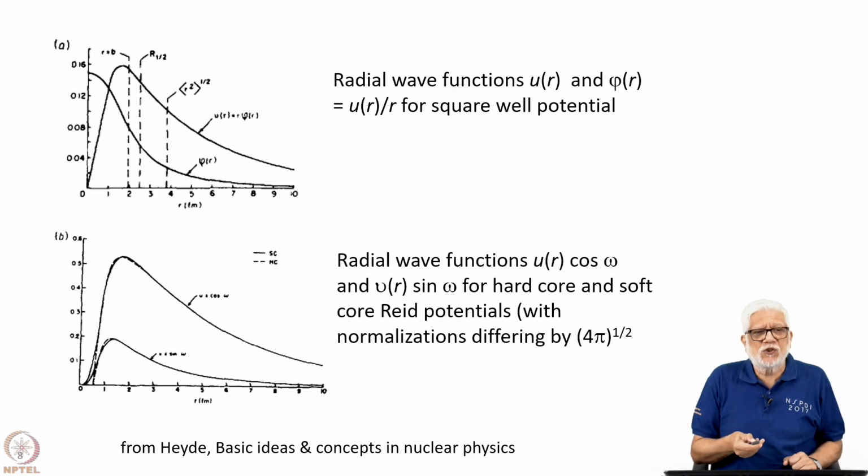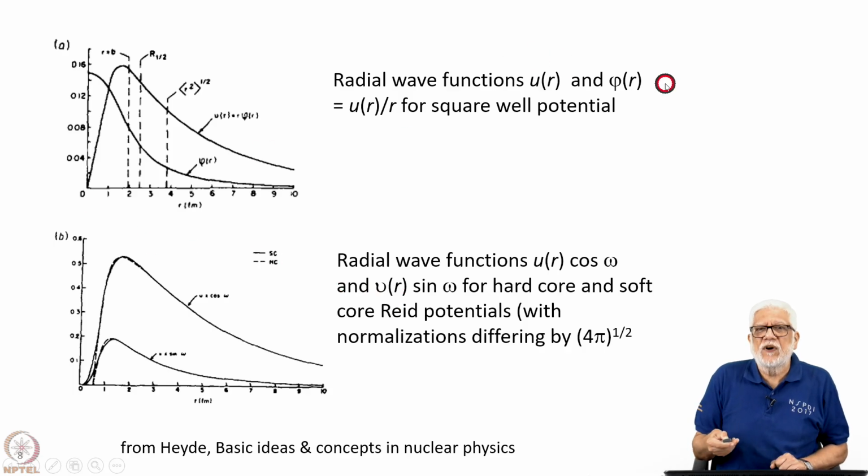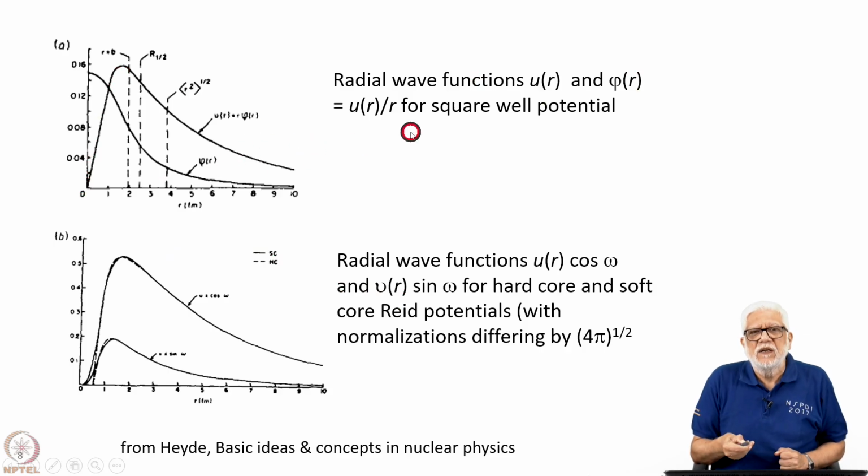So these are plots of the radial wave functions, u of r given by this, and then phi, which is just u of r by r for the square well potential.